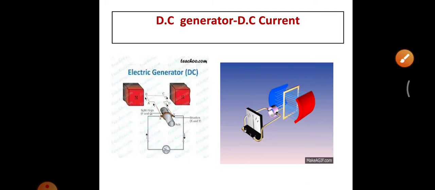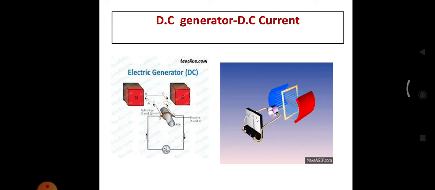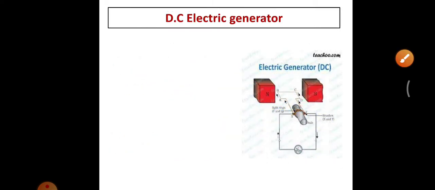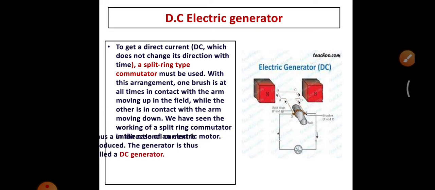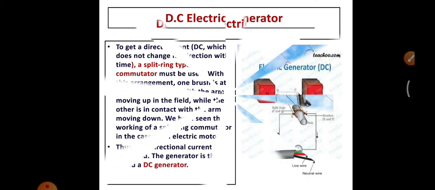So I hope you understood what is meant by the AC generator and the DC generator. In the AC generator, we use two slip rings for getting AC current. For the DC generator, instead of slip rings, we have to use split rings like in an electric motor. And this I already discussed in the last class.